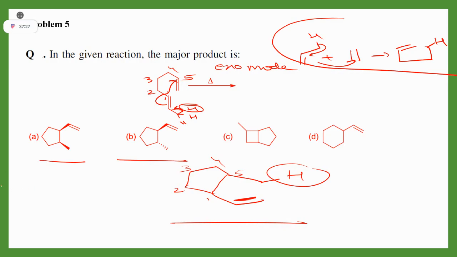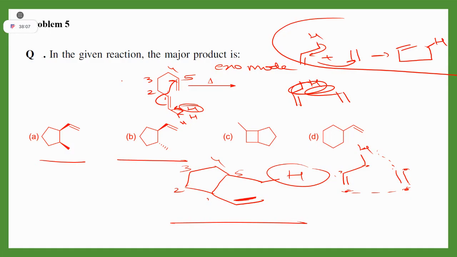But you should remember the fact that in the ene reaction, one of the rings forming is 5 membered, and another is, if you draw the transition state by keeping this same. Right. So how many membered ring is forming? One, 2, 3, 4, 5, 6.